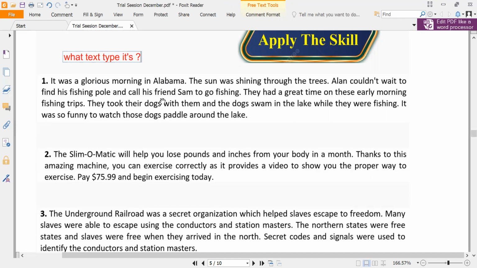Read the paragraph very carefully and accurately, and then tell me this one is narrative, descriptive, persuasive, expository, and so on. We'll give you 10 minutes. Send your answers in the chat box. Take your time.